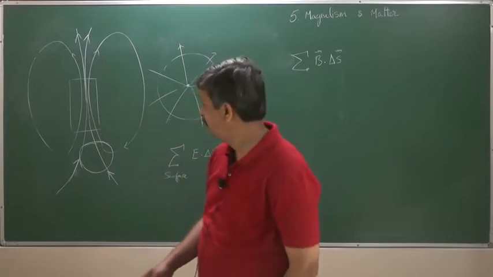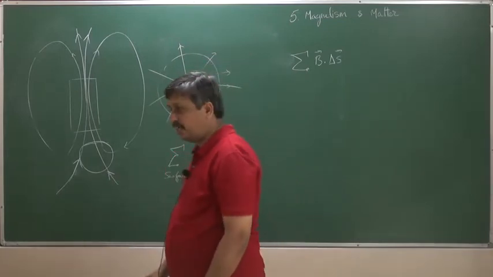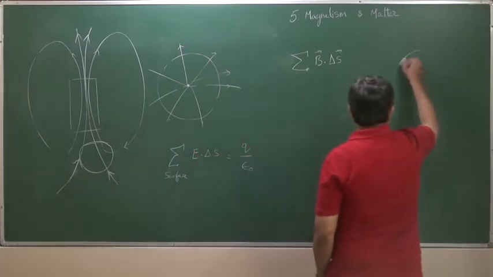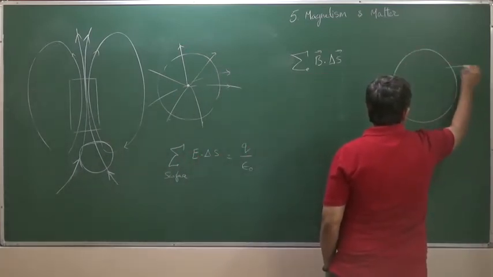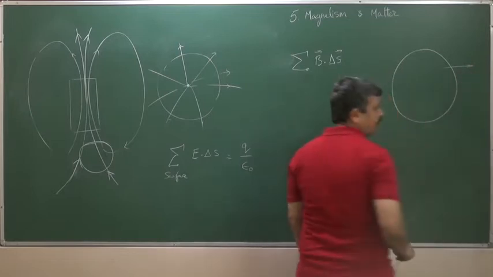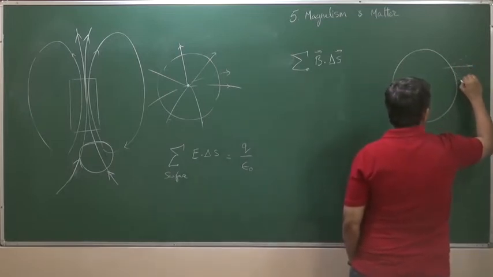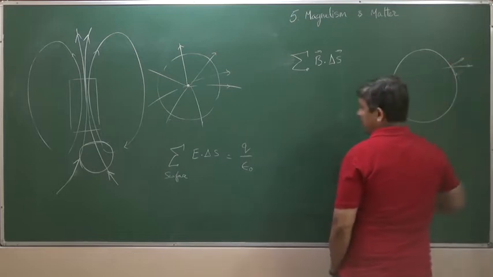At some point B is in this direction, I split it into two components, one like this, one like this. Only this component I will take.